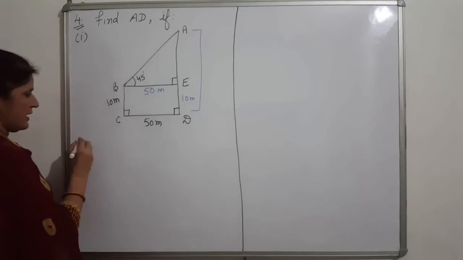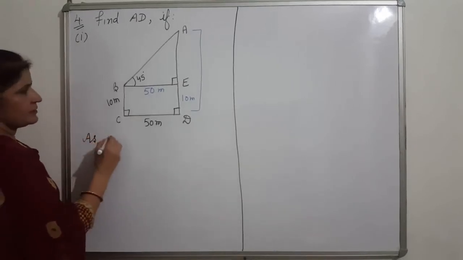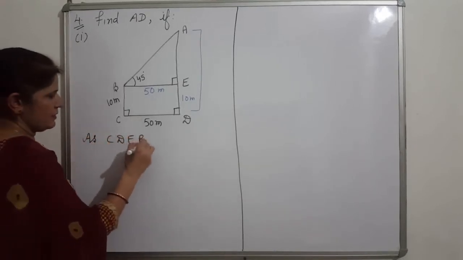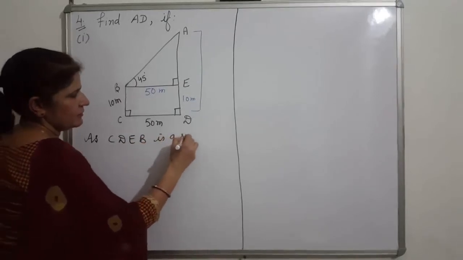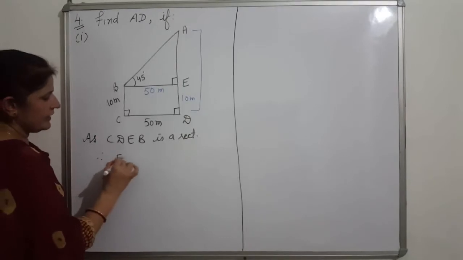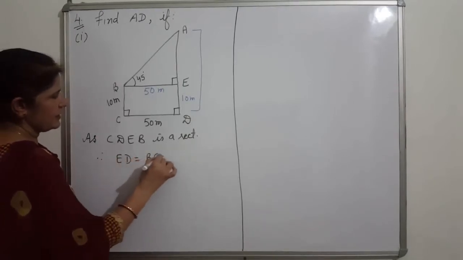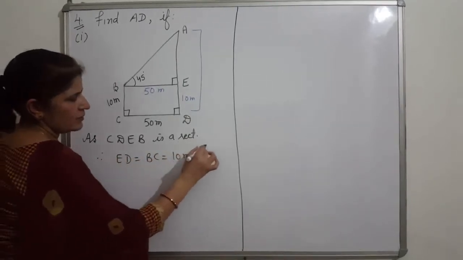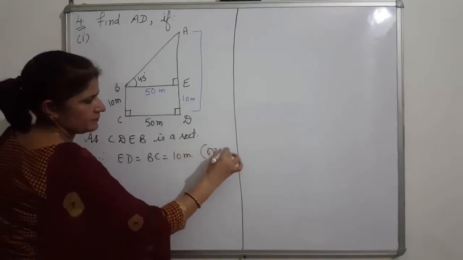So as CDEB is a rectangle, therefore ED will be equal to BC, equal to 10 meter, opposite sides.